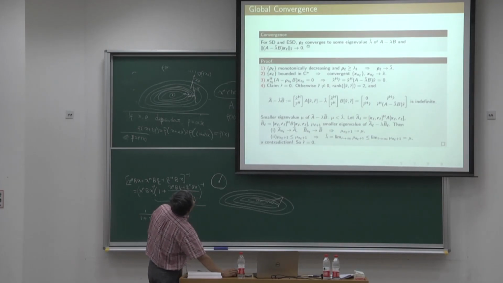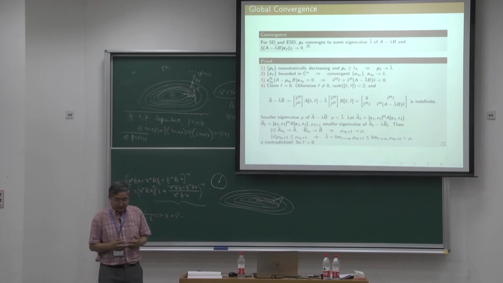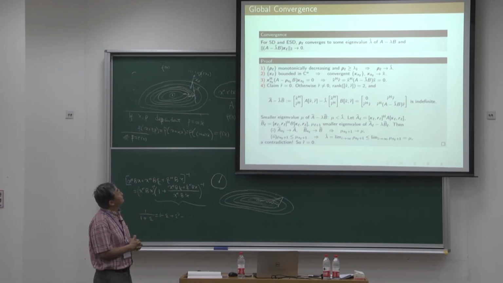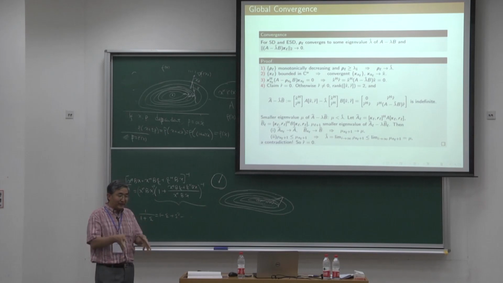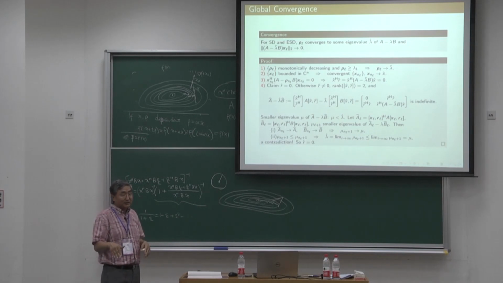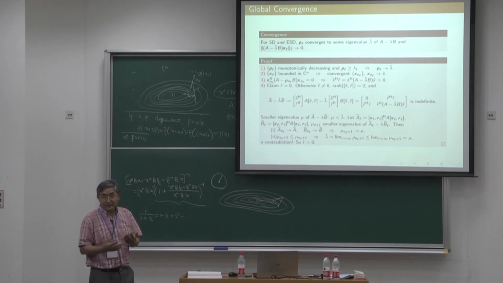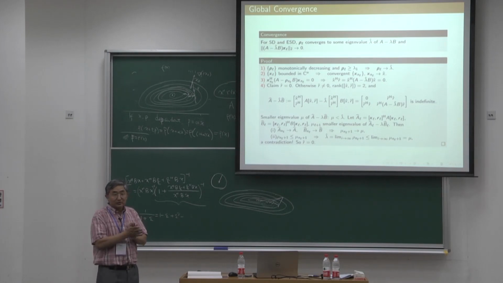One theorem says that for this steepest descent or extended steepest descent, it always converges. The reason it always converges is because we always minimize things. The number rho always goes down, but it cannot go below 1 because of the quotient interlacing inequality.